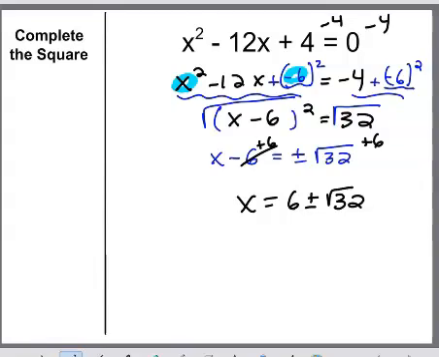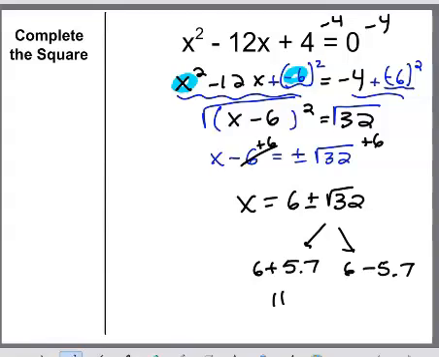Now, if I really wanted to, I could solve that as well. But just remember, with quadratics, there's 2 solutions there. Square root of 32 is about 5.7. So really the 2 answers here are 6 plus 5.7 and 6 minus 5.7.